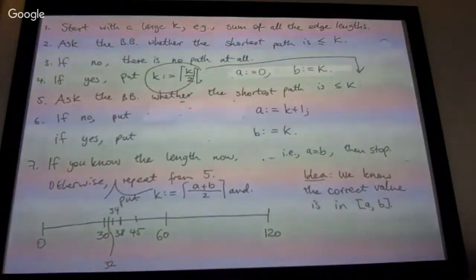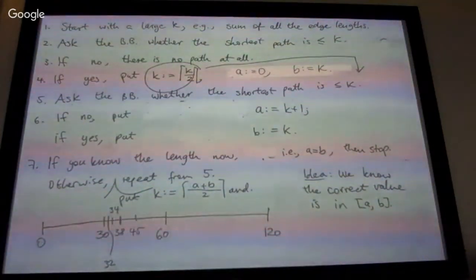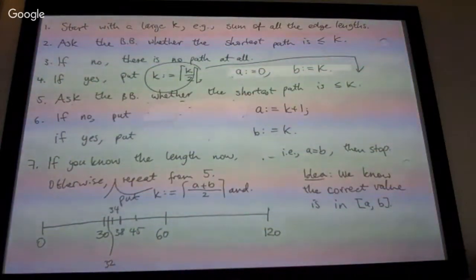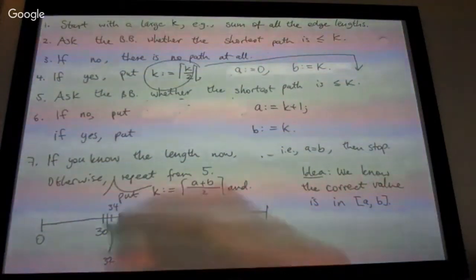So now I've got 32 and 34, and I ask about 33, and it says yes, so I can move a to 33, and then b is 33 as well. So we've got 33.